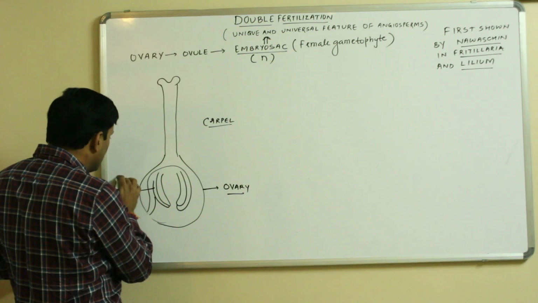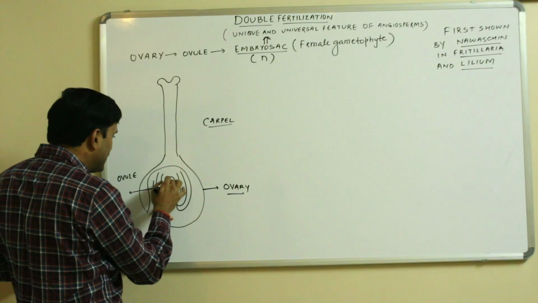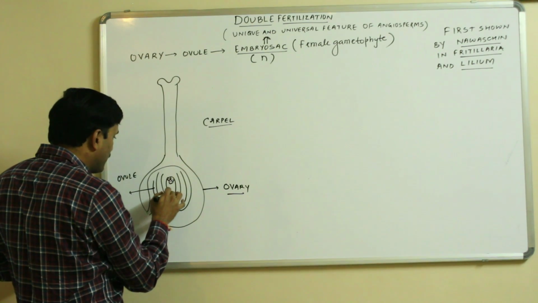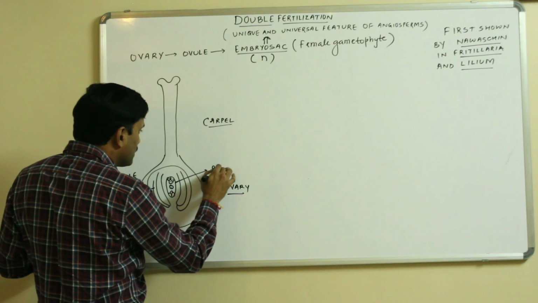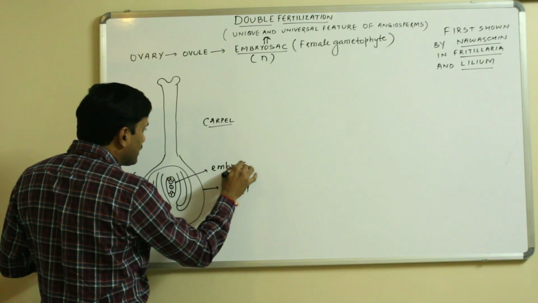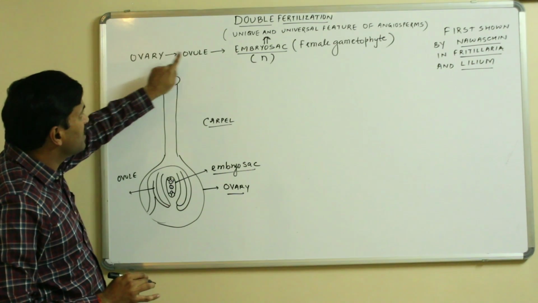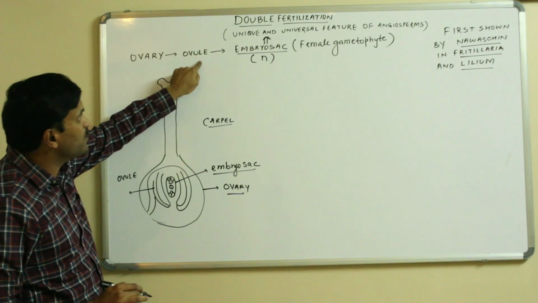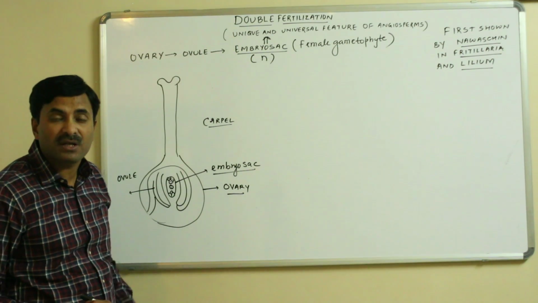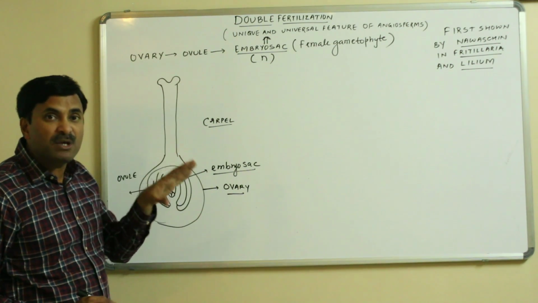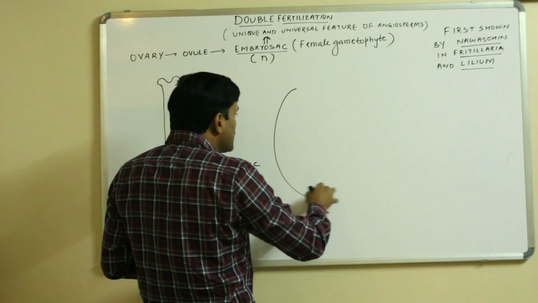This is the ovule, and in the ovule, here at the center, what is found? Embryo sac is found, and here the double fertilization occurs. So in the ovary, ovule is present, in the ovule, embryo sac is present, and the embryo sac is the site of double fertilization. So first we must know what the embryo sac is.